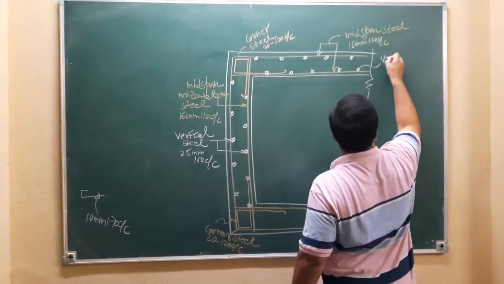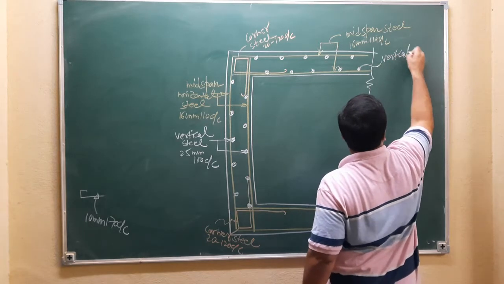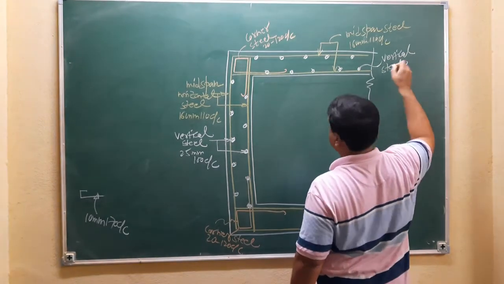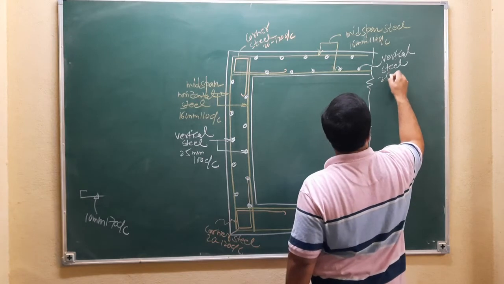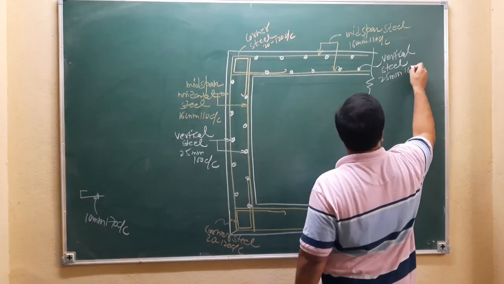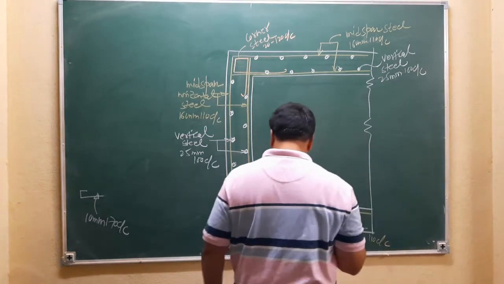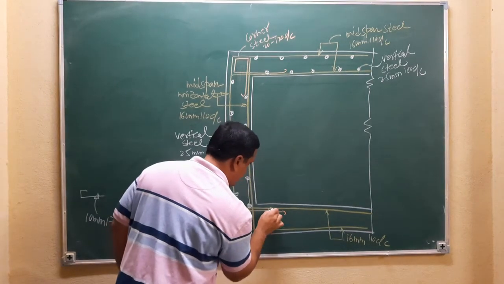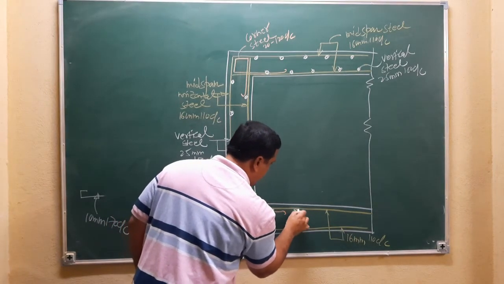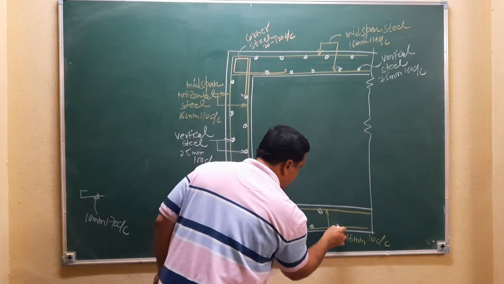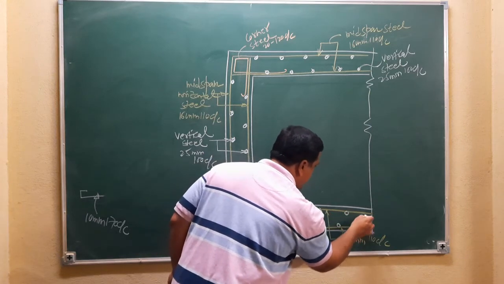So this is vertical steel, 25 mm diameter, 100 mm center to center. Same thing, show like this.